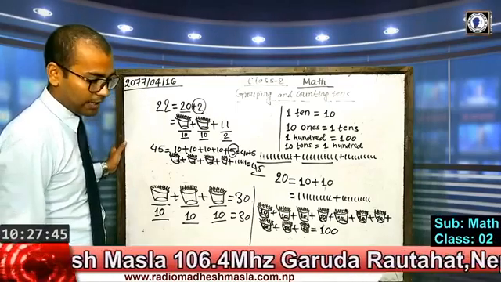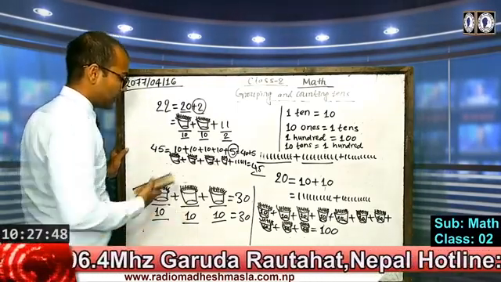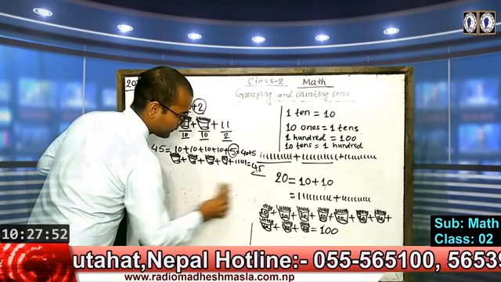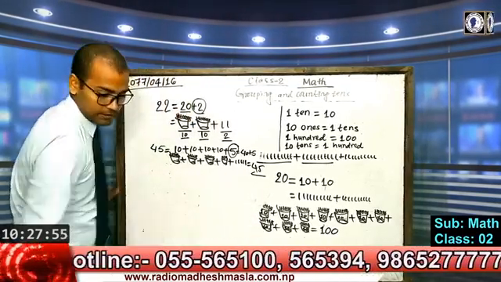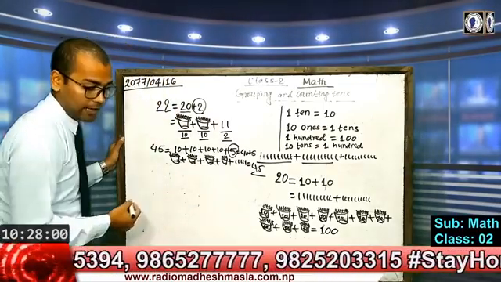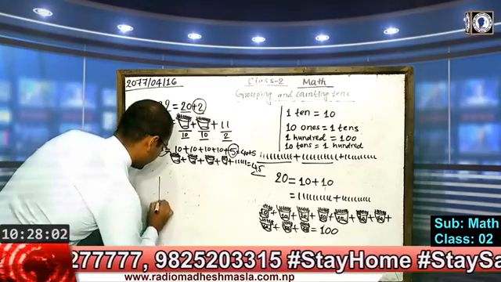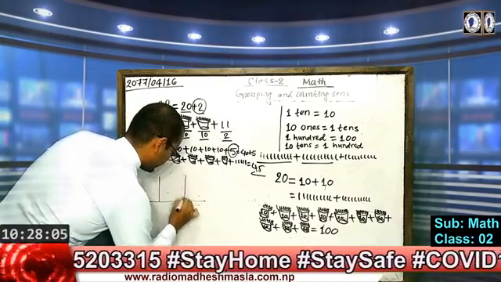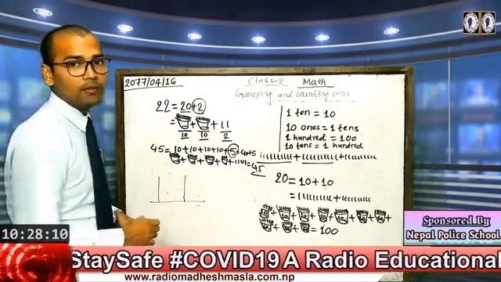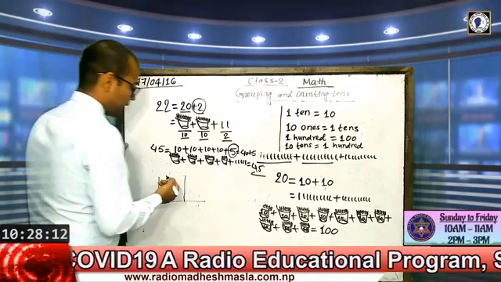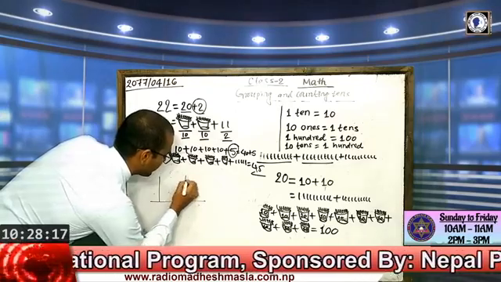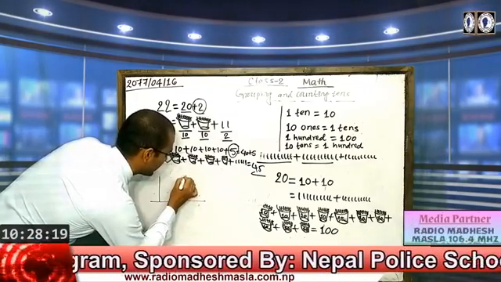If we talk about the abacus, here we have given an abacus like this. If we solve the question with the help of the abacus, suppose there are rings given like this.